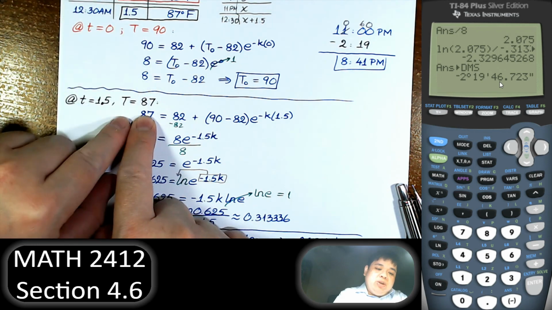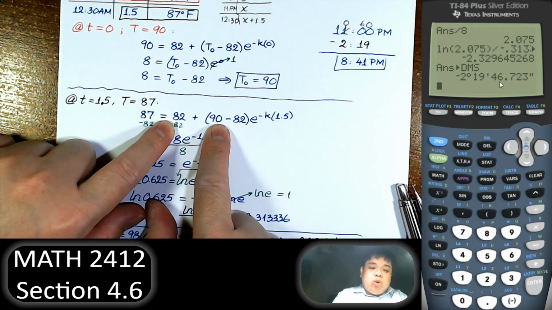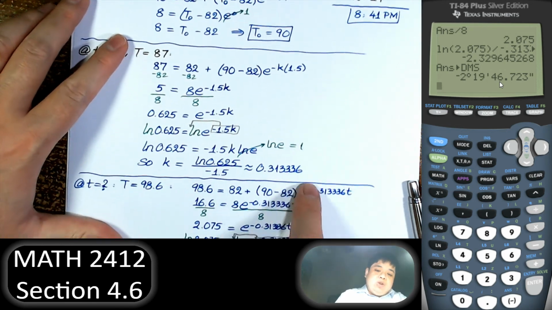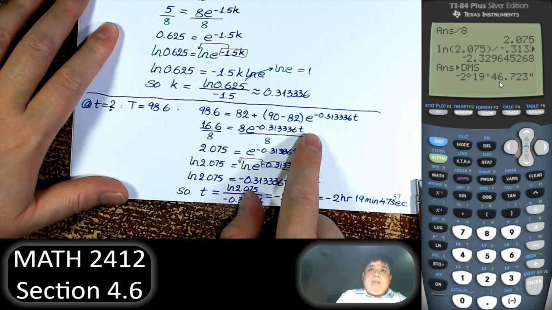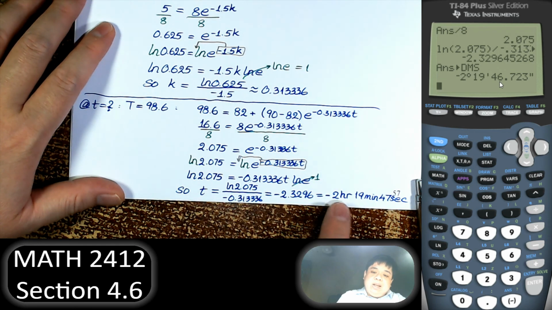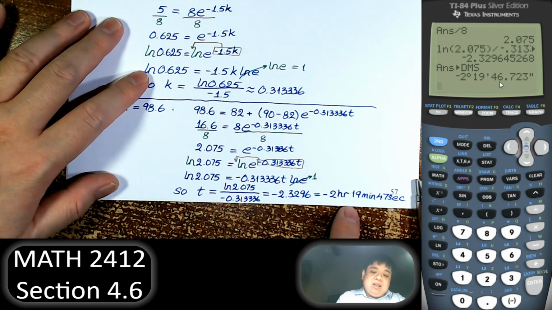So 87 degrees, surrounding 82, initial is 90, surrounding 82. We solve for the rate K, and finally we put it back into the equation and solve for T, and T turned out to be negative 2.32, which converts to 2 hours and 19 minutes.